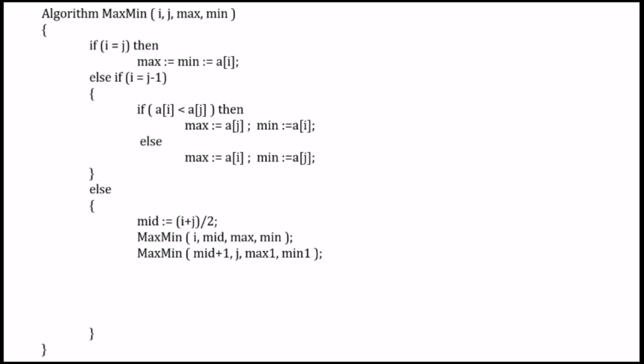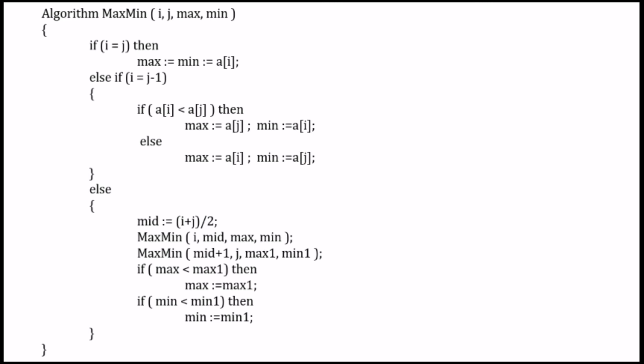For that we will use an if condition, that is, if max is less than max1, and if this condition is true, we will assign the max1 value to max. Similarly for min, if min is greater than min1, then we will change the value of min.